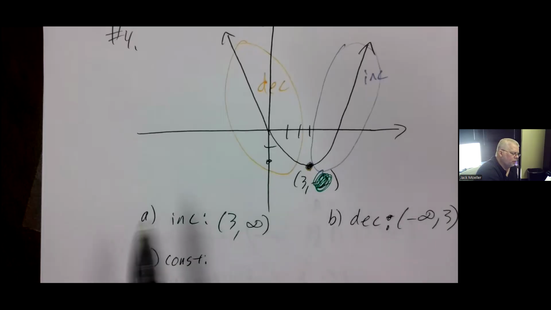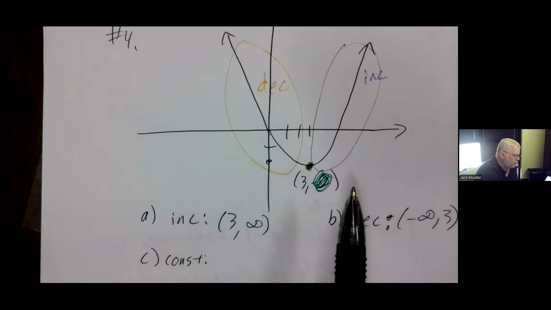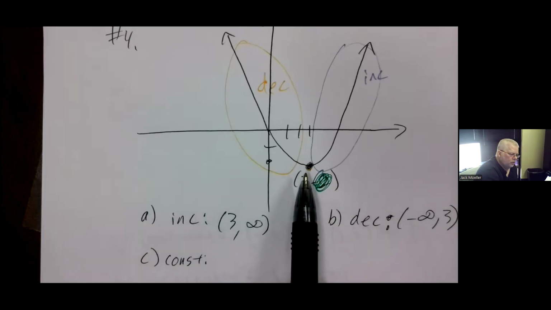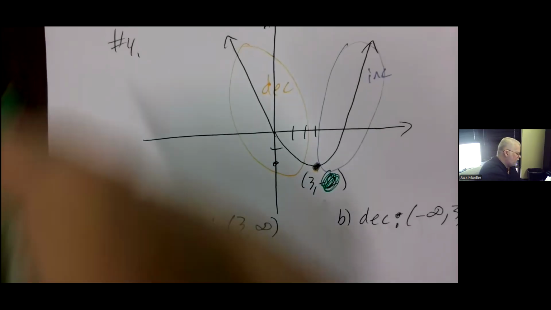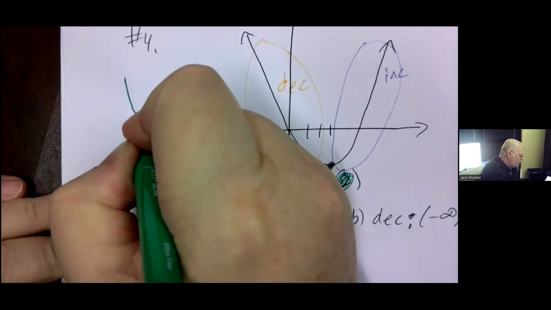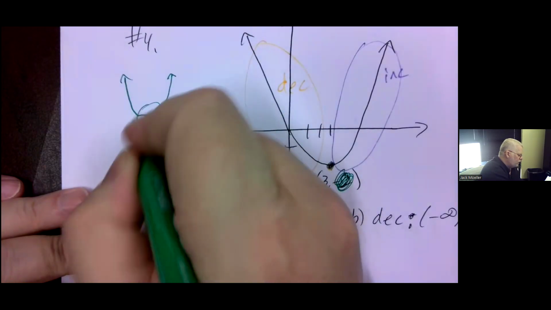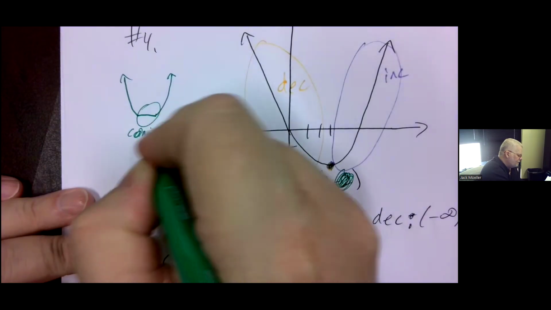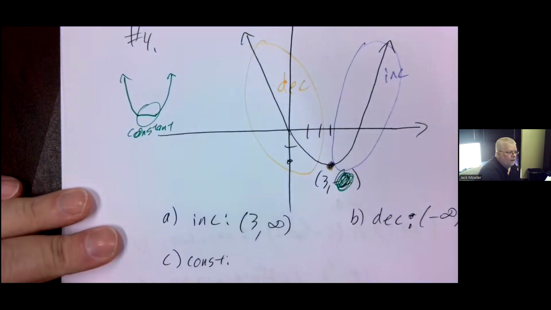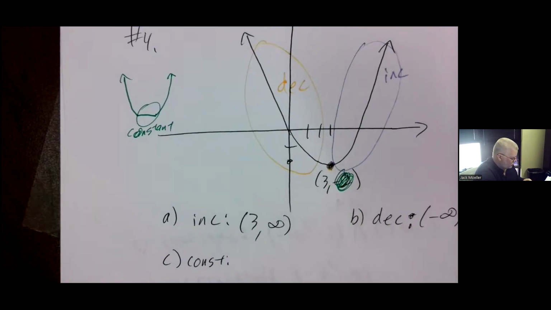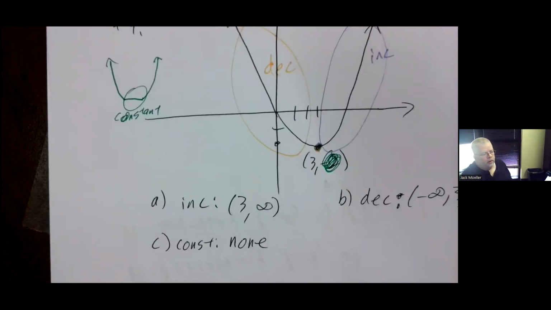You always need the points on either side of it to have the same pattern. So a single point is not constant. To be constant, you would have to have a graph that would come down, have a horizontal, flat bottom, and then go back up. That would be constant. But since we have just a single point that's transitioning from decreasing to increasing, there are actually no intervals where it's constant.